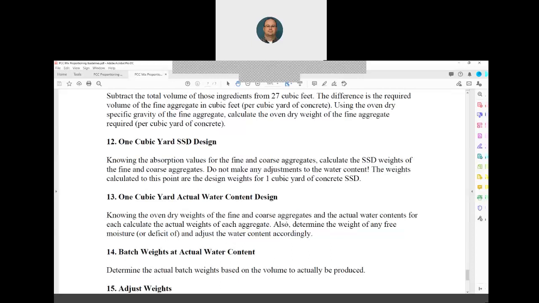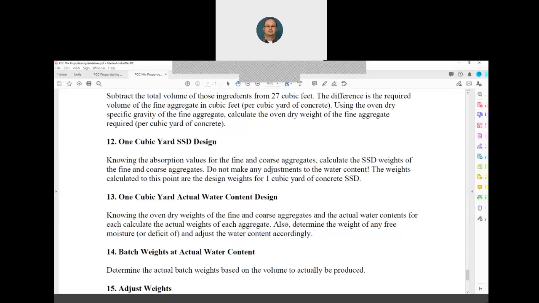Now, if we have an absorption of 1.6% and a natural water content of 1%, that means we are below our SSD, correct? That means some of that water will suck into the aggregate. So it's very important that you visualize that. So we need to adjust.